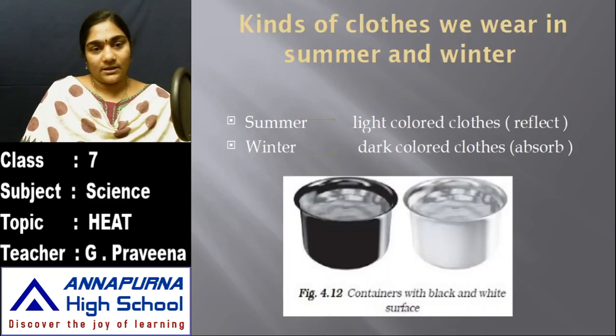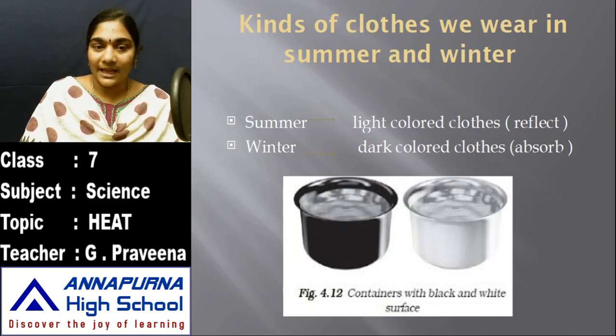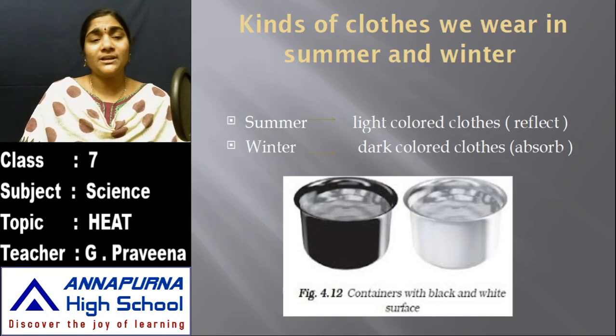Here there are two containers which are coated. One container is coated black and the other container is coated white. Take water in both the containers. Now place these containers for 2 or 3 hours under the sun so that they face towards the sun. After that, check the temperature of both the beakers.